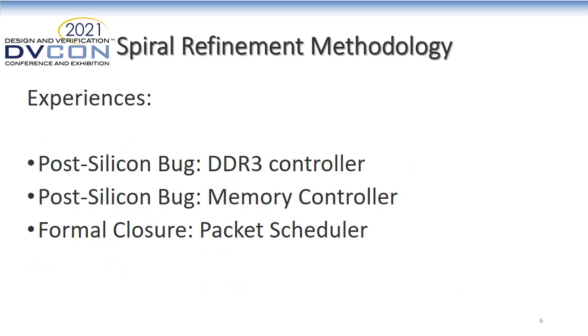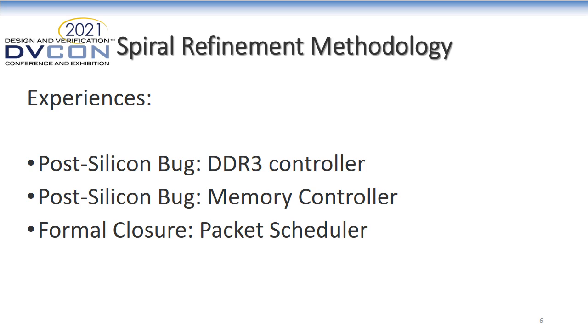For the rest of the presentation, we're going to share some of our experience using this spiral refinement methodology on 3 examples. The first one is a DDR3 controller. The bug was found very late in the design cycle, after the design had already been fabbed in silicon. The second case is a memory controller. The bug was found in the lab while the design team was trying to bring up the silicon.